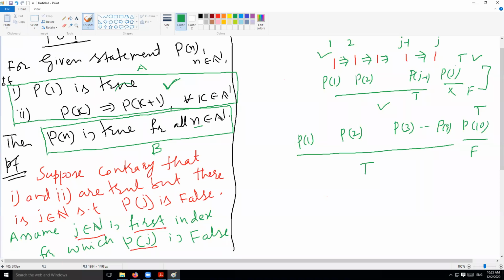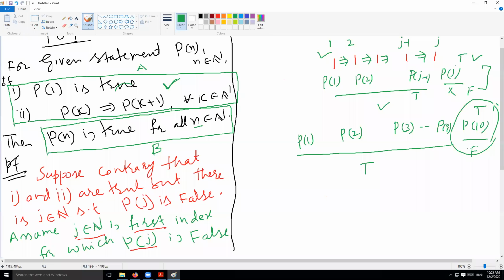Now, if statement 2 of the given assumption is true, then p of 10 has to be true as well. So p of 10 is a strange statement, which is both true and false. So that's a contradiction. And why is this contradiction coming?